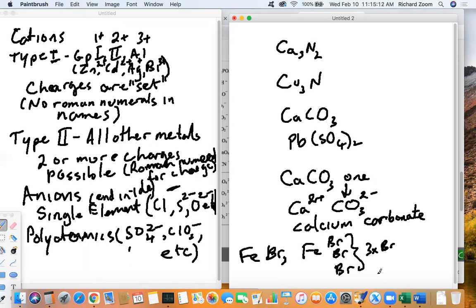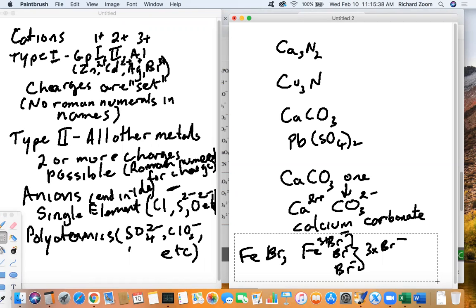So it's really important to note the difference between what's happening with the polyatomic ions versus what's happening with the single element anions. Does anybody have any questions? Because I think that's a really important point.